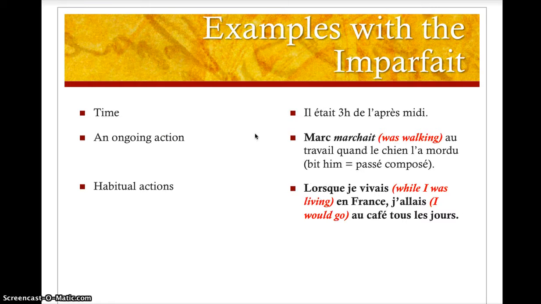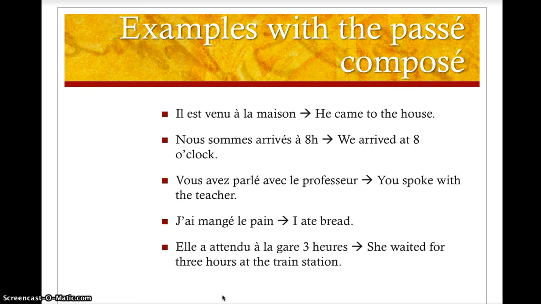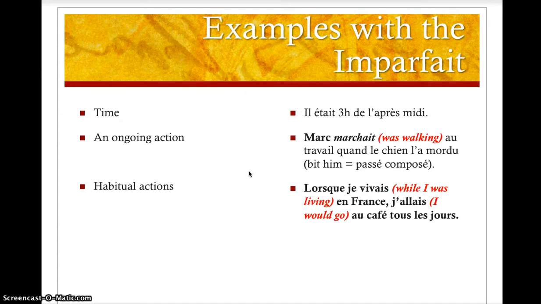All right, let's look at the imparfait. We'll start with time. You see over here you have time, and what I mean by time is il était 3 heures de l'après-midi. Explains specifically what the time was, not the passé composé. If we go back and look, we arrived at 8 o'clock. All right, this is telling time.